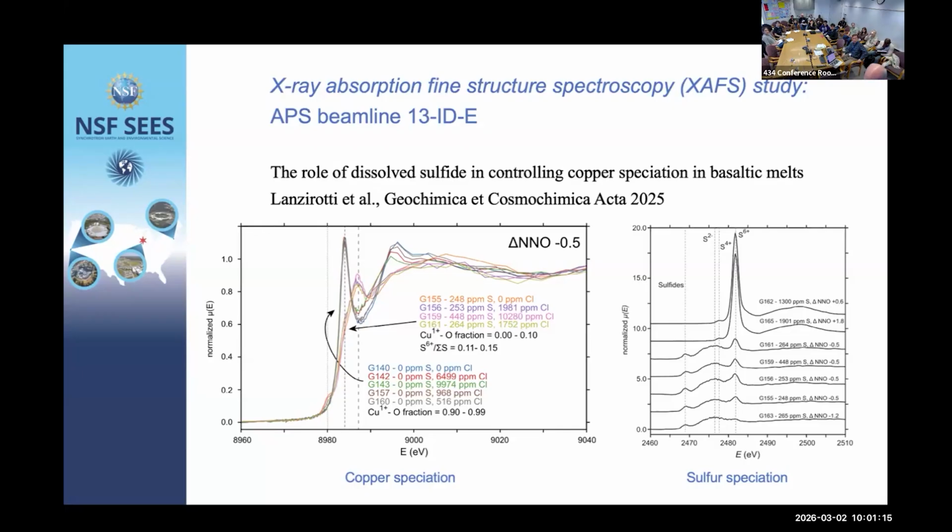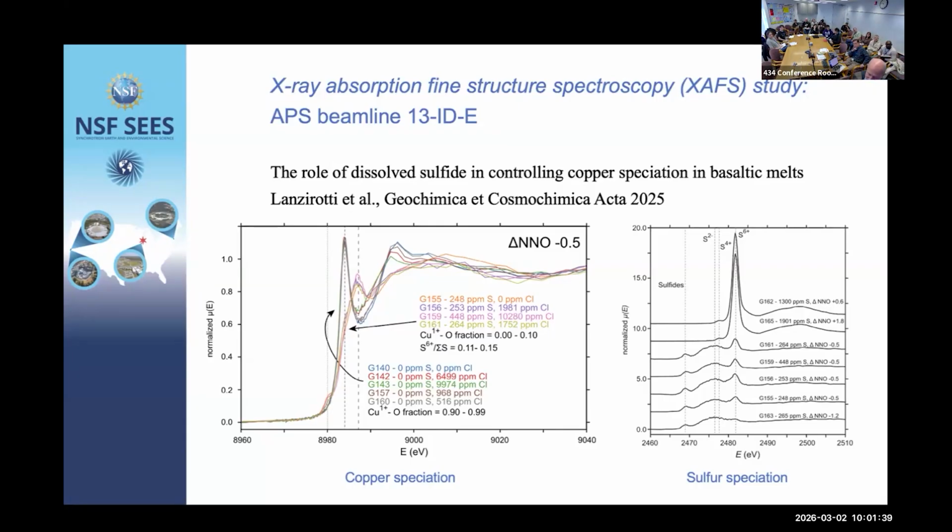This is what X-ray absorption spectra look like. This one is focused around the characteristic X-ray absorption edge of copper at 8.99 keV, and this one is at sulfur at a much lower 2.5 keV.